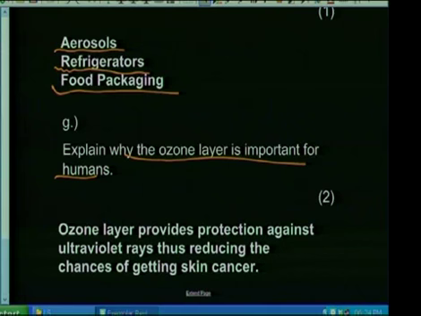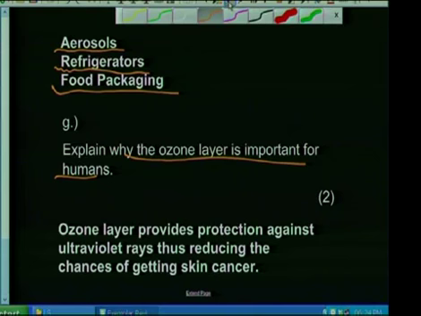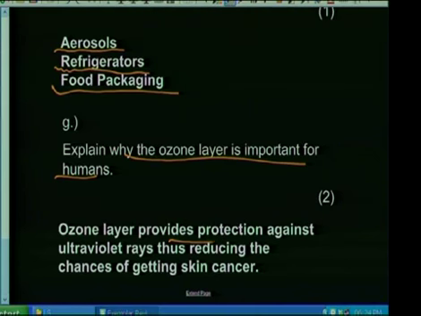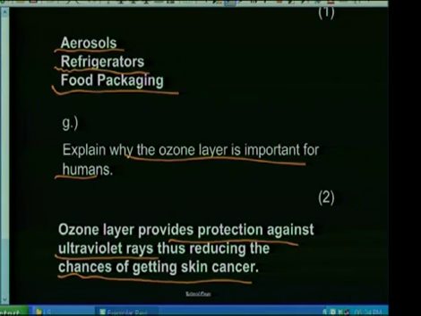And you know by now that it has a protective function. Ozone provides protection against the ultraviolet rays of the sun. So that means the harmful rays of the sun do not reach us, and if they do not reach us, they reduce the risk of getting skin cancer. That is one of the protection measures of ozone.